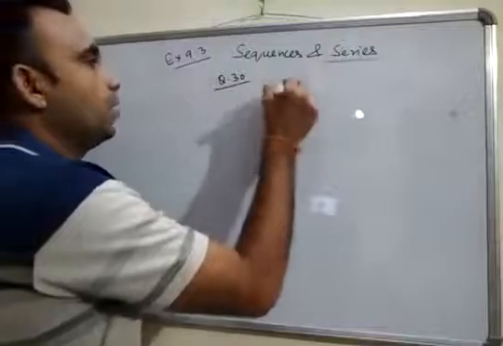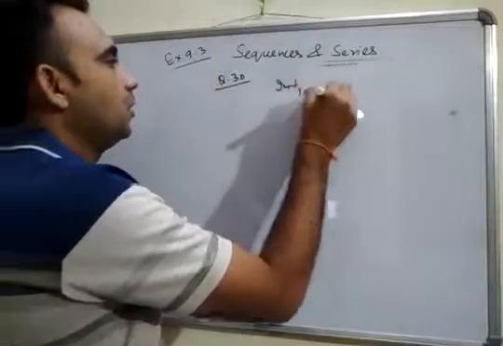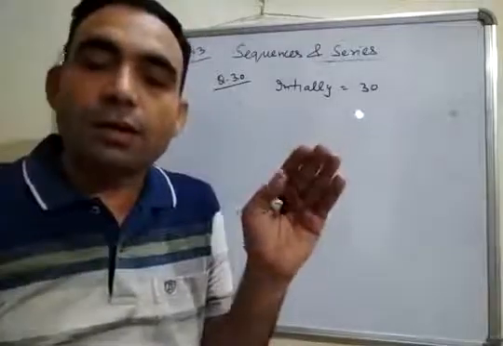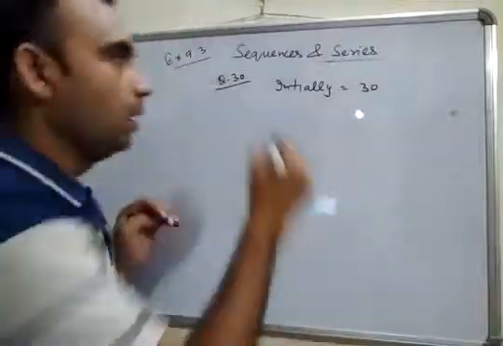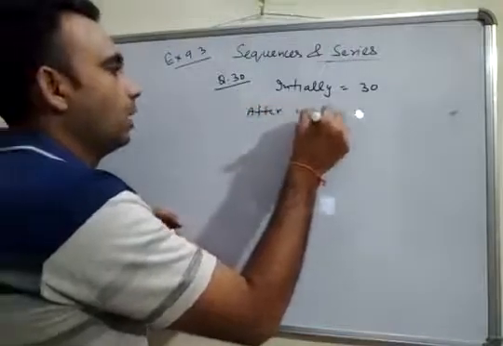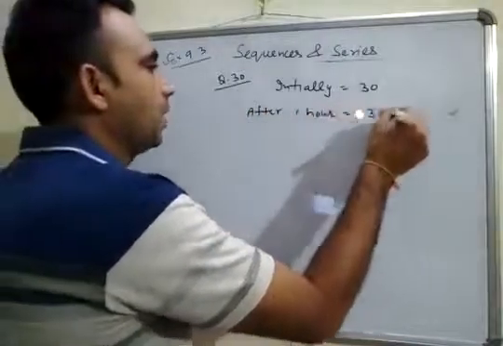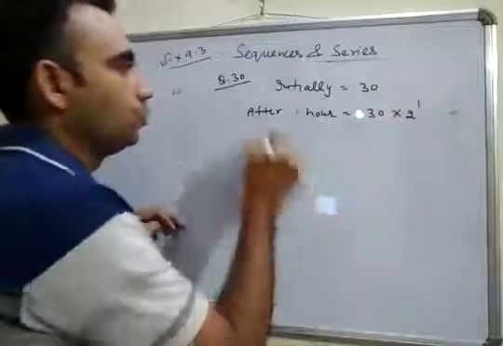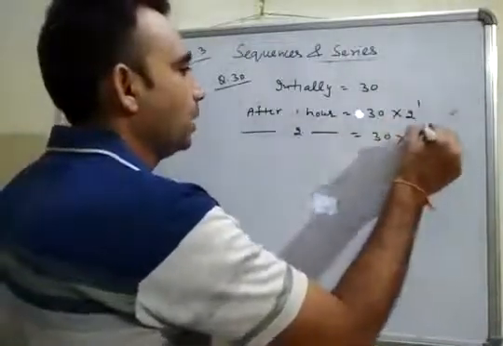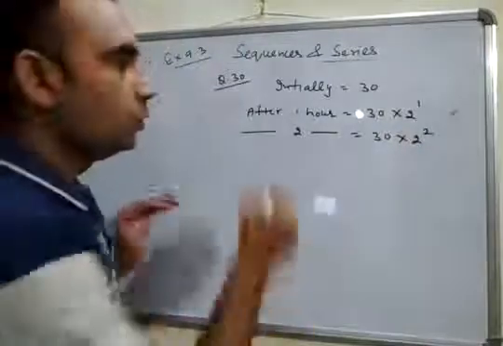Given initially bacteria, initially is equal to 30. After first hour, what will be after first hour? They will double. So after 1 hour, the number of bacteria is doubled, that is 30 into 2 to the power 1. After 2 hours, number of bacteria 30 into 2 to the power 2.